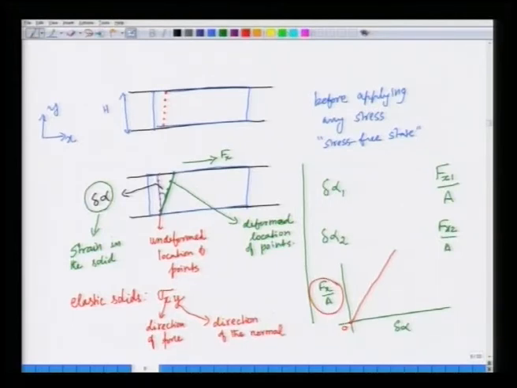Remember that we have this surface whose unit normal is in the j direction and the force is acting in the i direction, which is x. That is why there are two indices, one is the direction of the force.